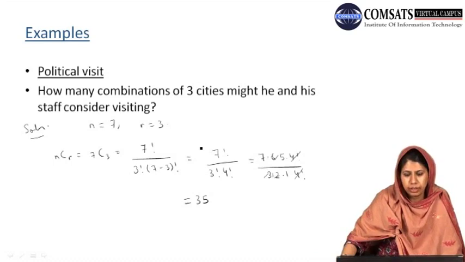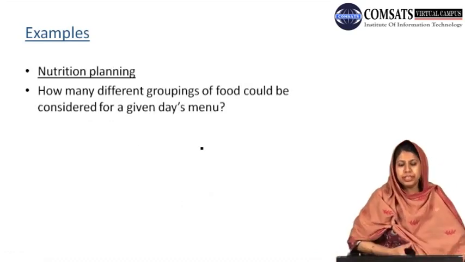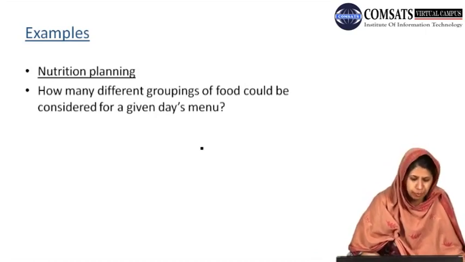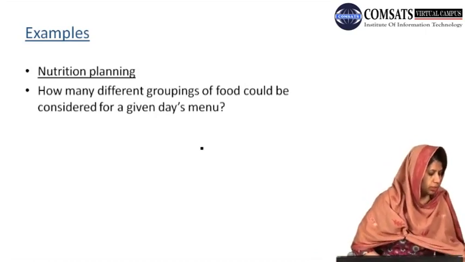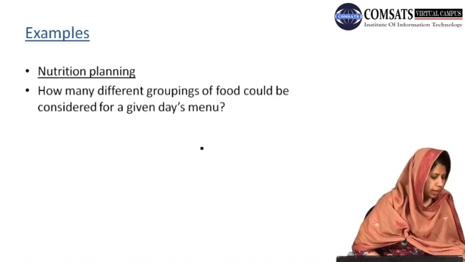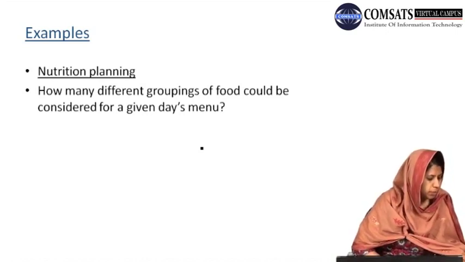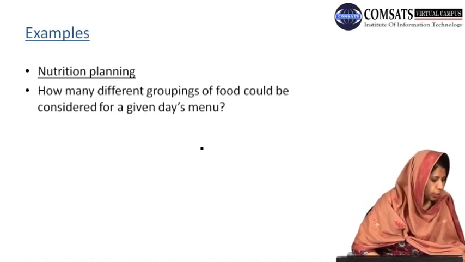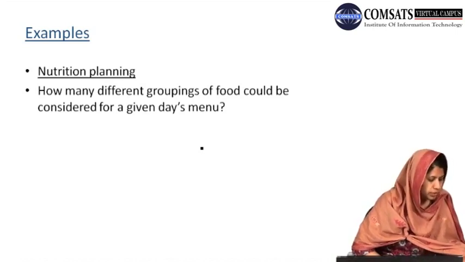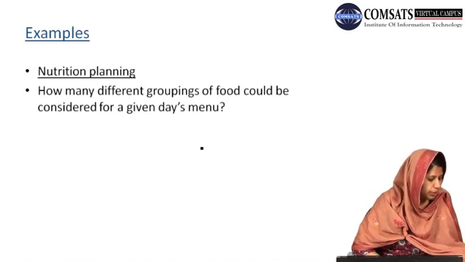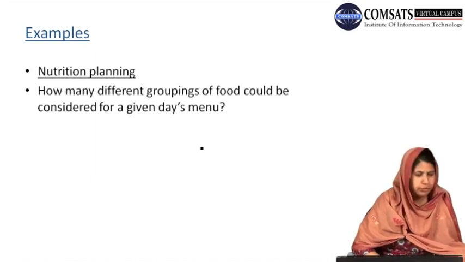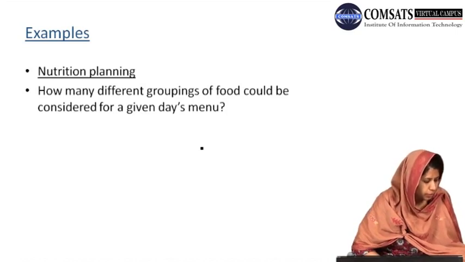Let us consider one more example of combination, that is the example of nutrition planning. Nutritionists recommend that each adult consume on a daily basis a minimum of 4 servings from the milk group of foods, 2 servings from the meat group, 4 servings from the vegetable and fruit group, and 4 servings from the bread and cereal group.